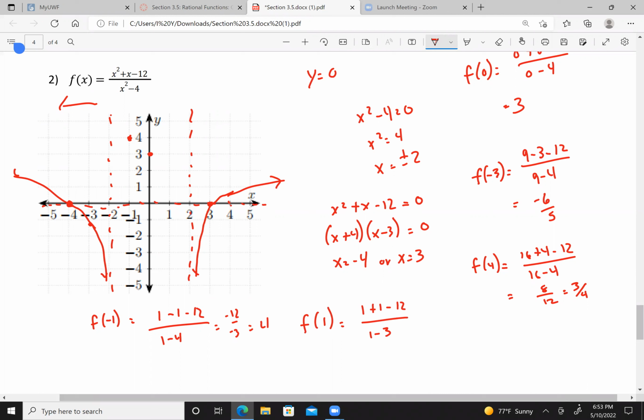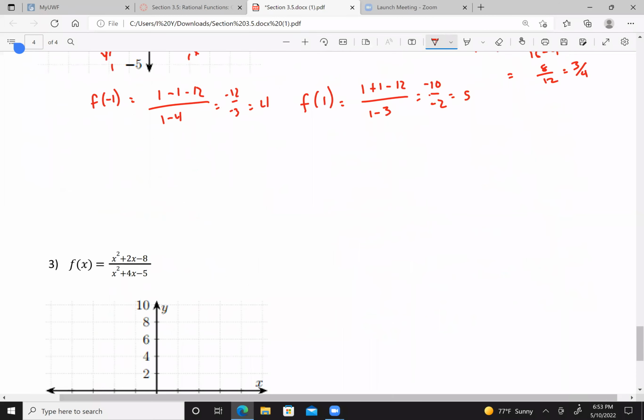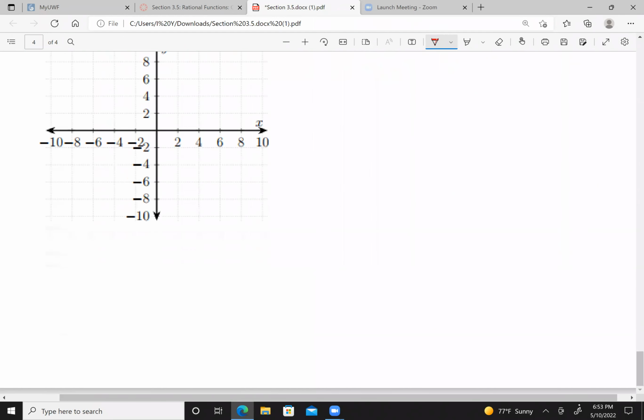Nope, this is -10 over -2, which gives me 5. So we're looking at something like this, and that is it. Doing this by hand, that's the best that we can do.